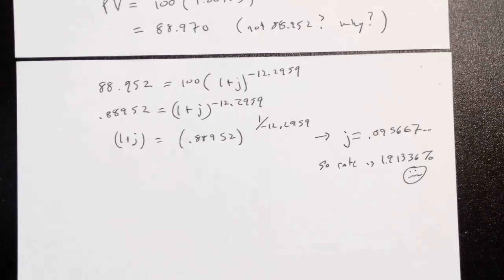So how do I use this table and its rates to price a bond with coupons?